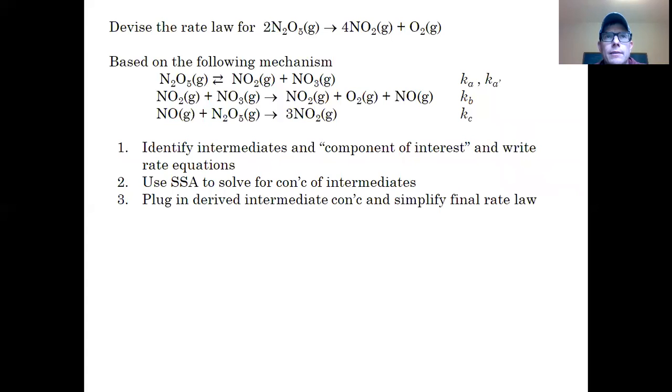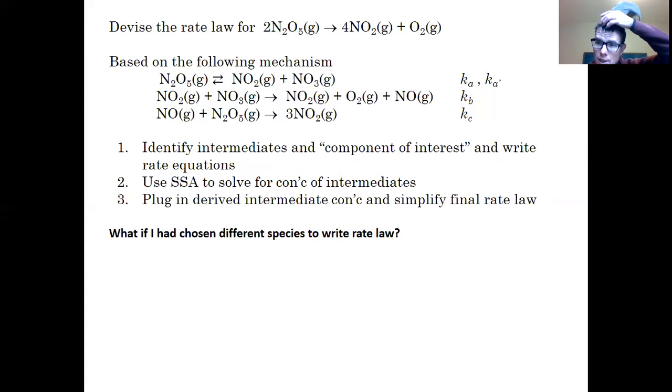Pretty routine process. Students like these problems because what you're supposed to do is pretty straightforward. There are some questions that occasionally come up. What if I had chosen a different species to write the rate law, right? What if I had chosen N2O5 or NO2?